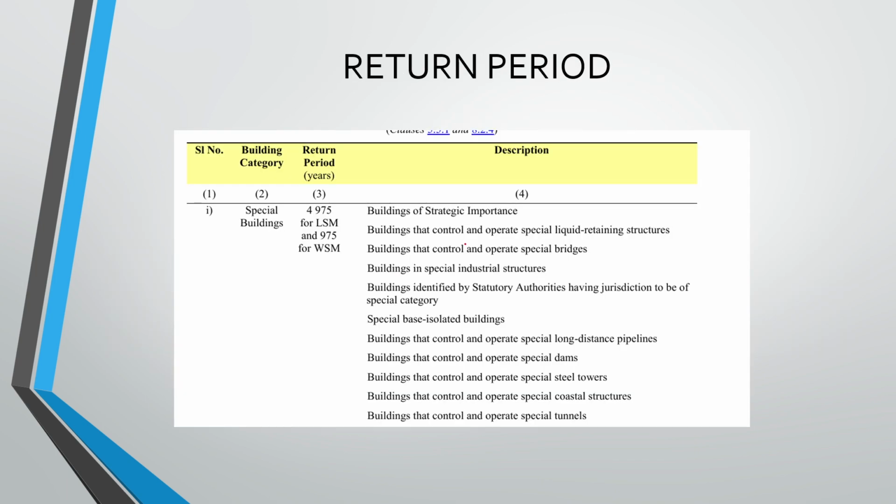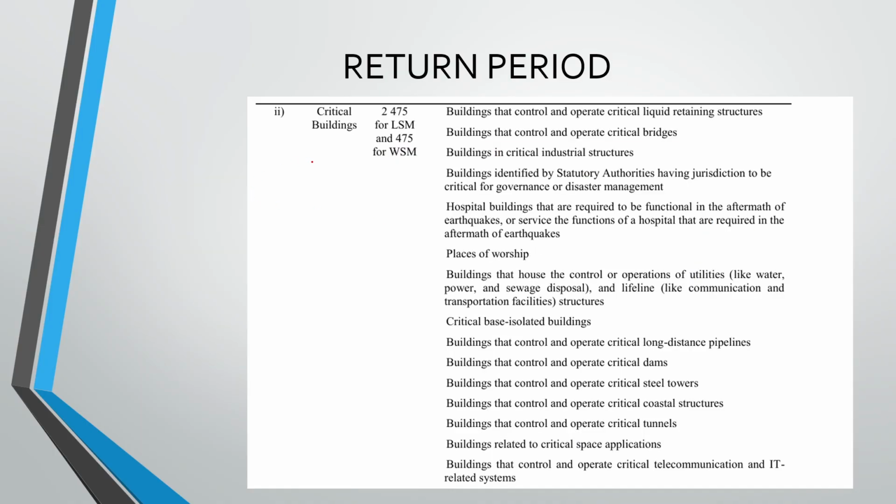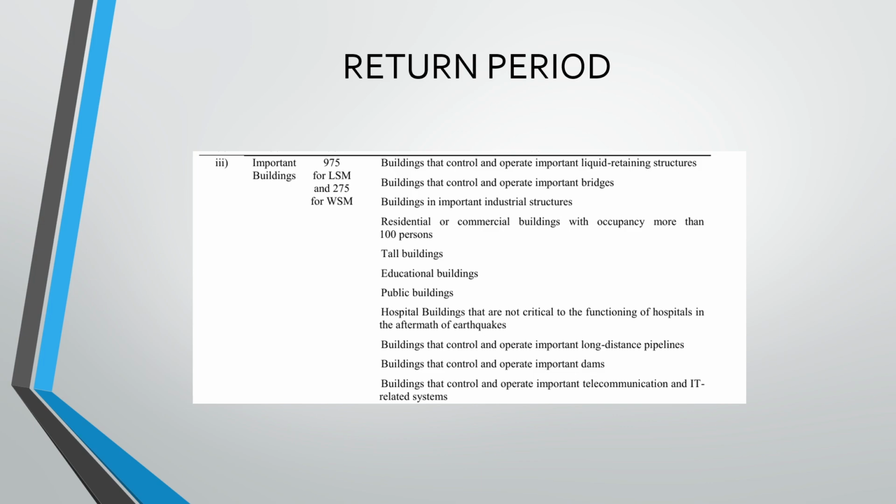In IS 1893 part 5, for different categories of buildings, return periods are assigned, and those are linked with the zone factor. You can see which types of structures are there in special buildings. Similarly, there is another category of critical buildings, where the return period is given and you can see the structures assigned under critical.